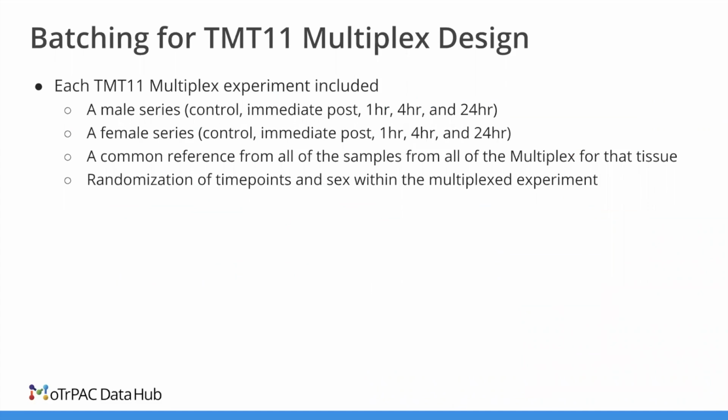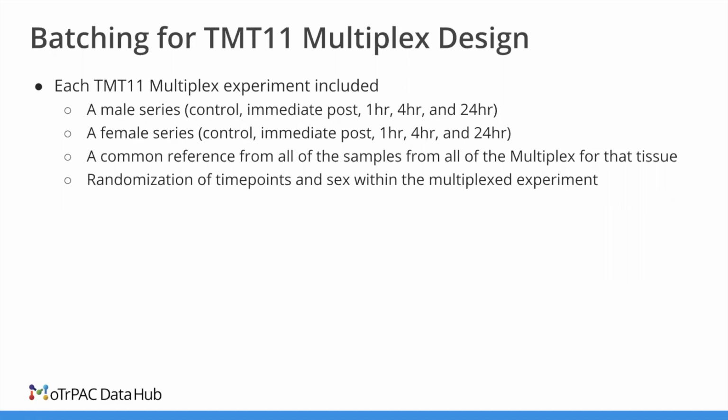So one of the points that I'd like to make for the batching of the TMT11 multiplex design is each TMT multiplex experiment included a male series of exercise time points, which would include the unexercised control, immediately post-exercise, 1 hour, 4 hour, and 24 hours.